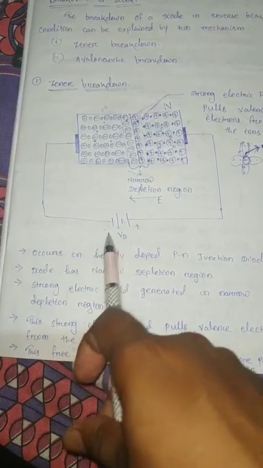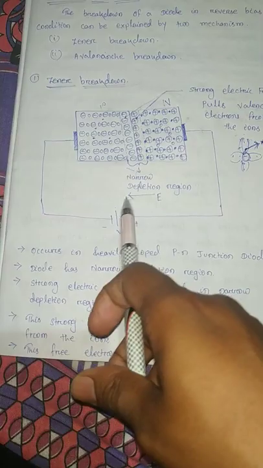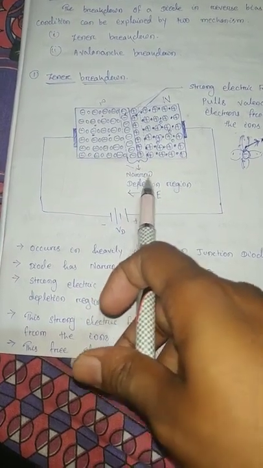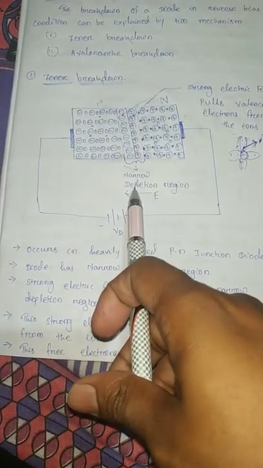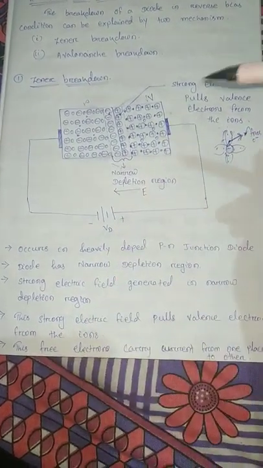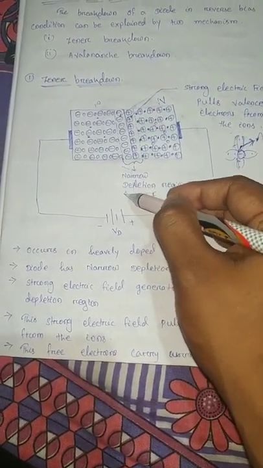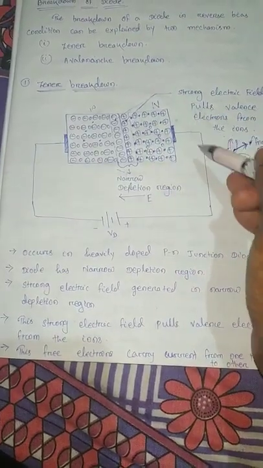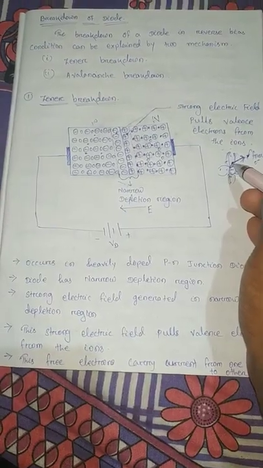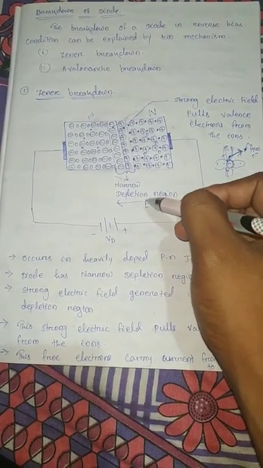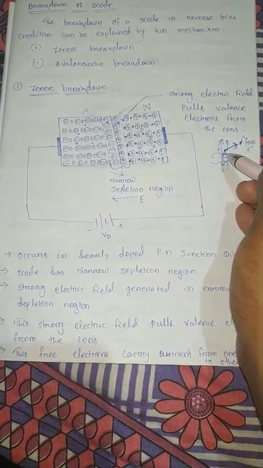If you increase the reverse bias voltage, a very strong electric field is set up in this narrow depletion region, and when the reverse voltage is close to the breakdown voltage, the electric field is so strong that it will pull the valence electrons from the atom. That means the valence electron will gain sufficient energy from the strong electric field that it will break the covalent bond from the parent atoms and become free electrons.